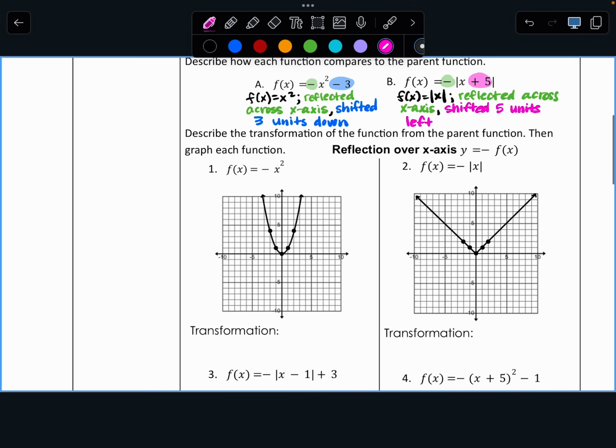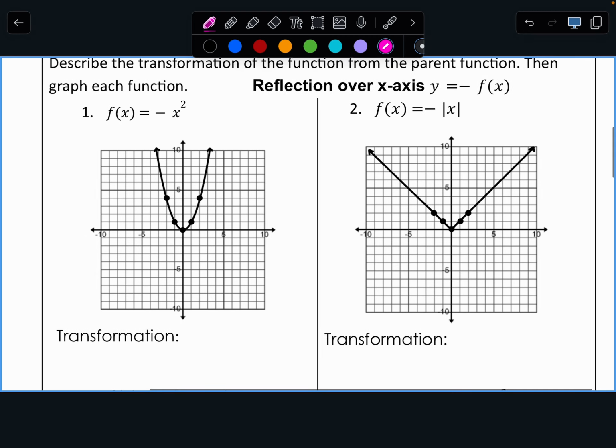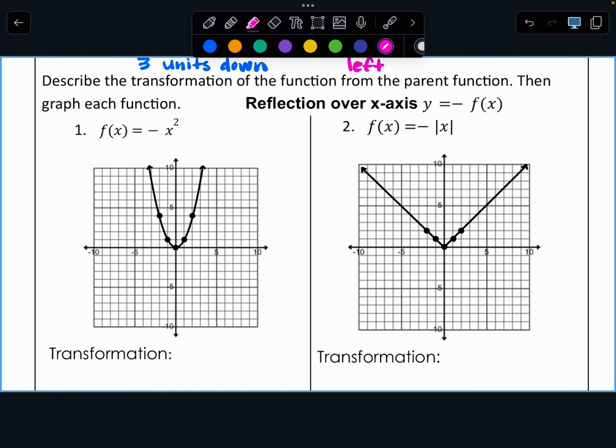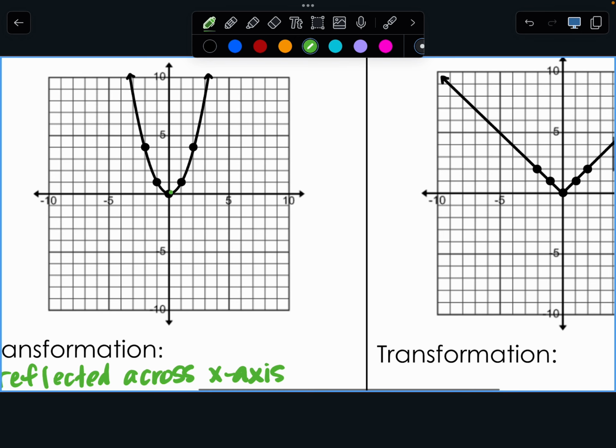Now let's graph these transformations. So here is the parent function for quadratics, but if we want to graph the reflection, then we are just simply flipping this upside down. So you're going to keep the vertex in the same spot, but you're going to do a mirror image going down.